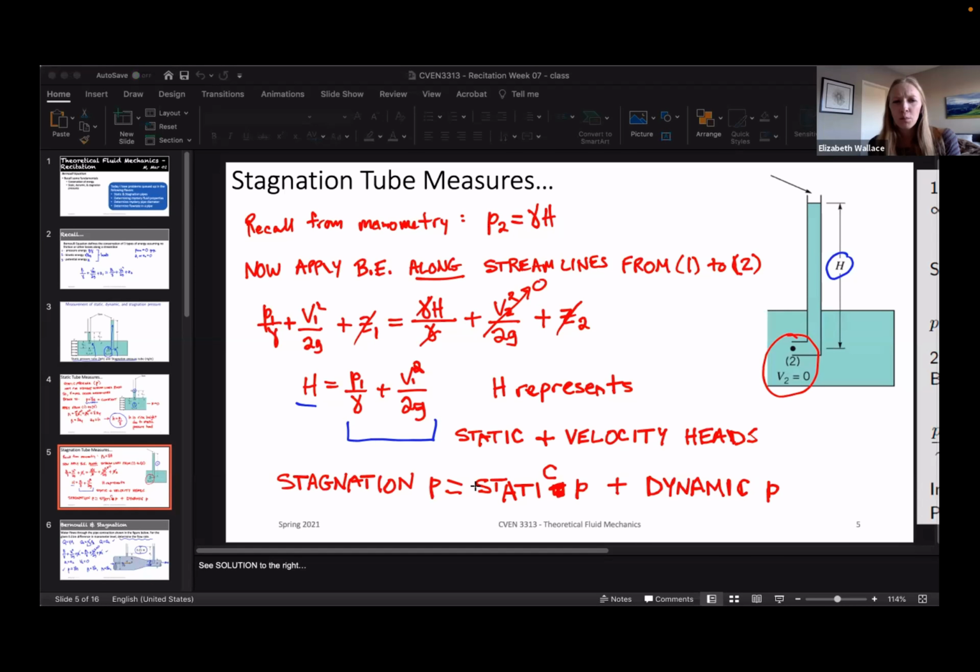For your picture, do you have 2 stagnation tubes? Yeah, in the homework, it's 2 stagnation tubes. So is the velocity 0 at both of the stagnation tubes? It is, but the water's still flowing around it. So you can't apply Bernoulli right at the front of that stagnation tube on the left one.